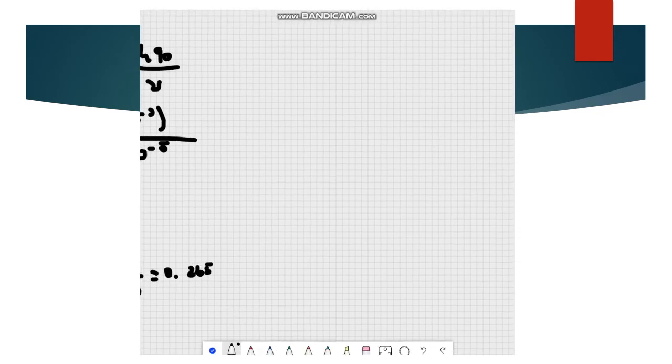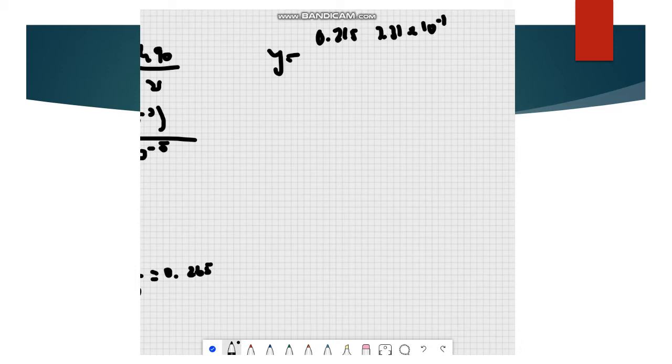When we substitute it into the formula for y, it is 0.265 multiplied by 2.31 times 10 to the minus 3, squared, over 8g, which is 832.2, and 0.05 is the slope, all to the power of 1 over 3.